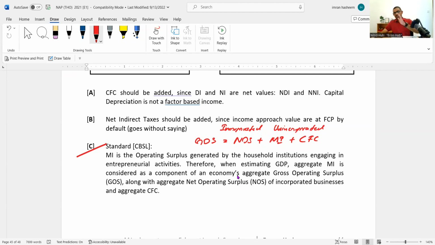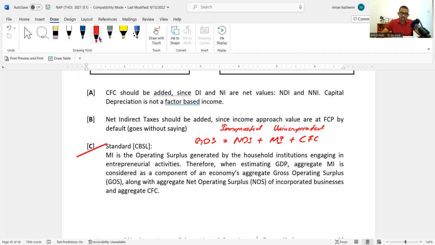So the operating surplus of incorporated businesses is taken as net operating surplus. The operating surplus of unincorporated businesses, household enterprises mainly, is taken as mixed income, MI, right? And we take the entire thing as gross operating surplus.